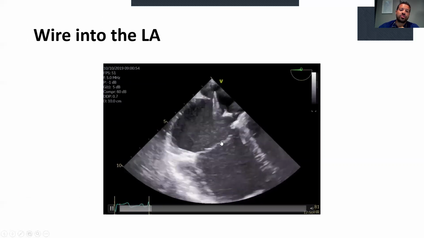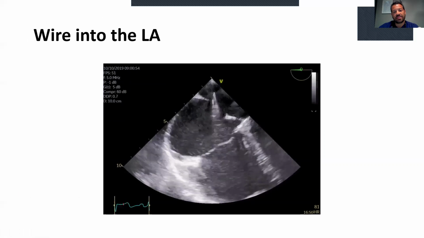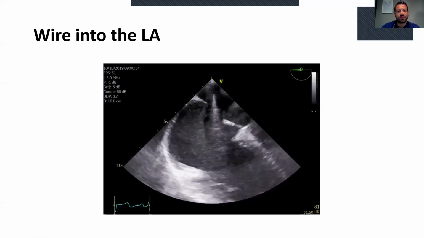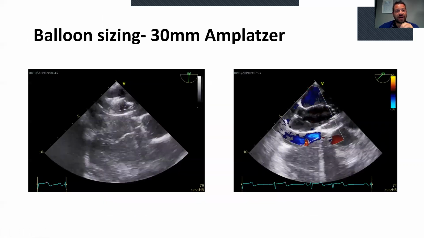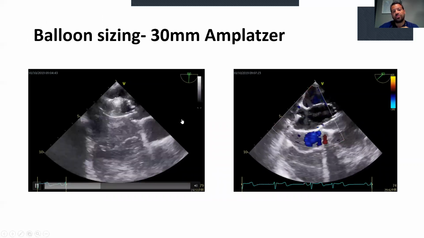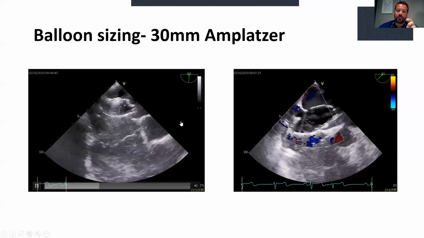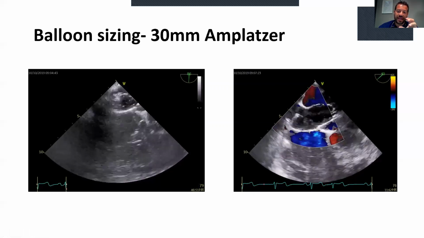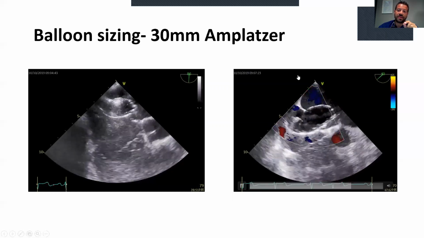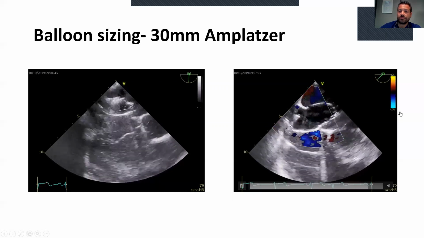The first step was to go from the right atrium to the left atrium with an extra stiff wire through the defect, and then we advance over the wire a balloon in order to do a balloon sizing, so as to check which is the diameter in which there will be no flow from the left atrium to the right atrium.